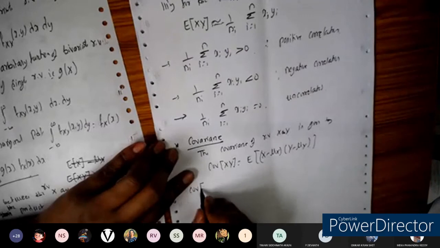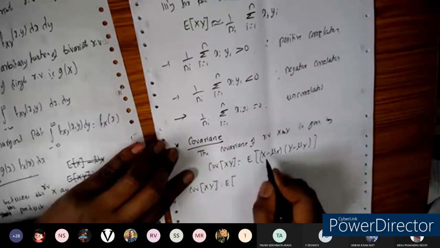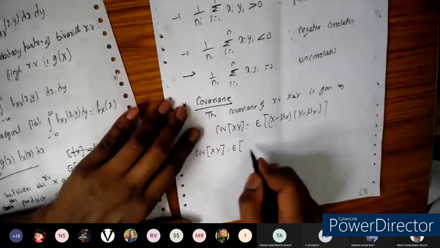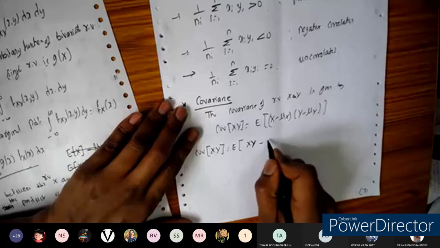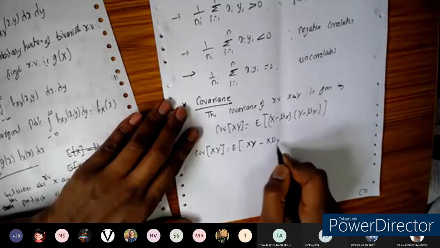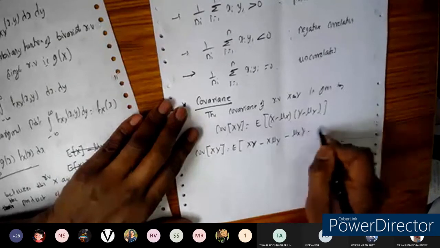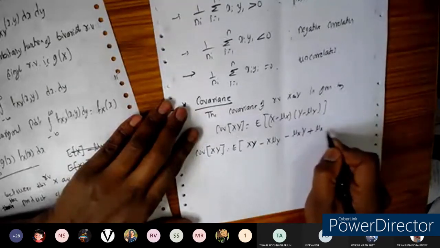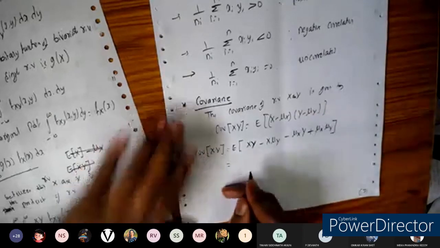Let us expand the RHS by taking the product. x into y becomes xy; x into this becomes minus x into nu y; minus nu x into y; and minus into minus becomes nu x into nu y. Now we know that the expectation is a linear operator.